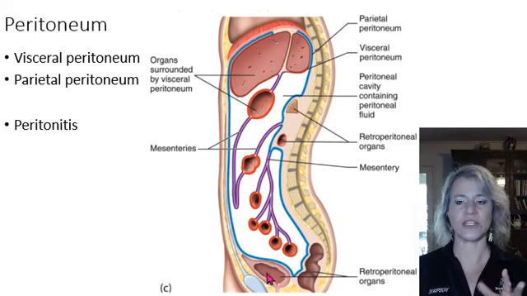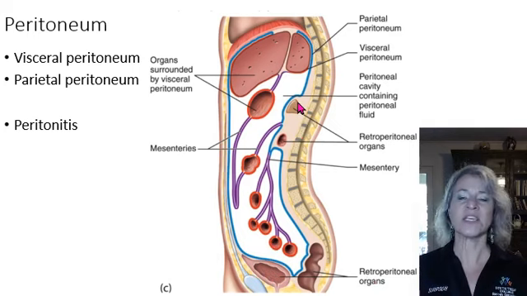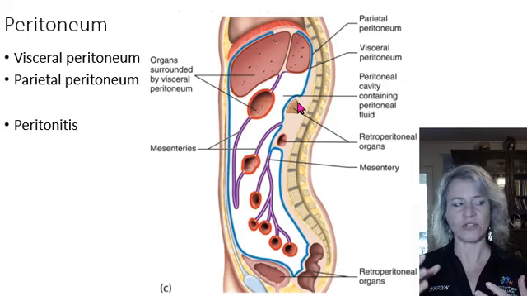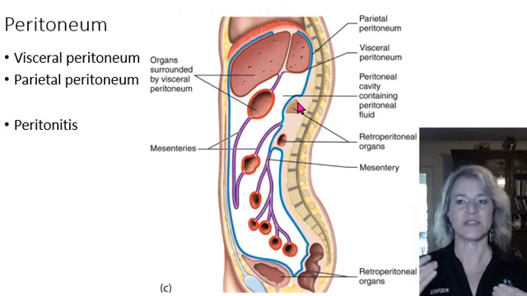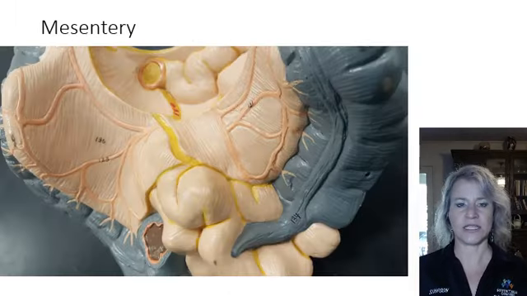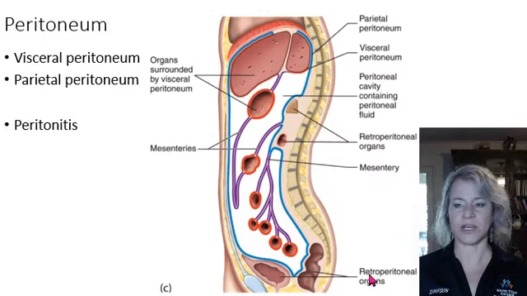These are organs like the urinary bladder, the kidney. Those are outside of the peritoneum, and that's because those organs do not move. Well, the urinary bladder does, but the kidney does not have constant peristalsis, and so it does not need that type of protection. The word is written right here, retroperitoneal. I'm going to have it on another slide.